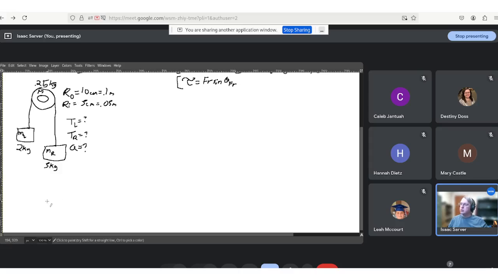So the steps that we need to do here. Number one: diagram of forces on each part.